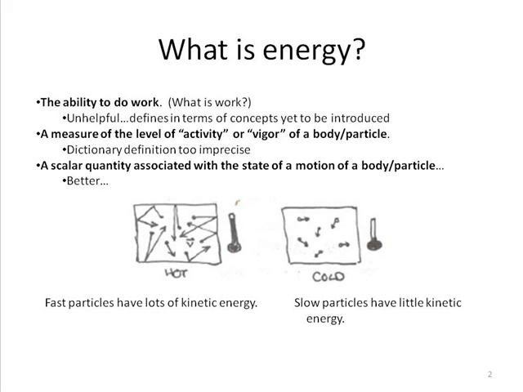We can define it as a scalar quantity associated with the state of motion of a body or particle. We mean that it's a scalar, so it will depend on the velocity, but only on the magnitude thereof, since scalars don't have any direction associated with them. And as we said, particles that are traveling fast tend to have more energy than particles that are traveling slowly.